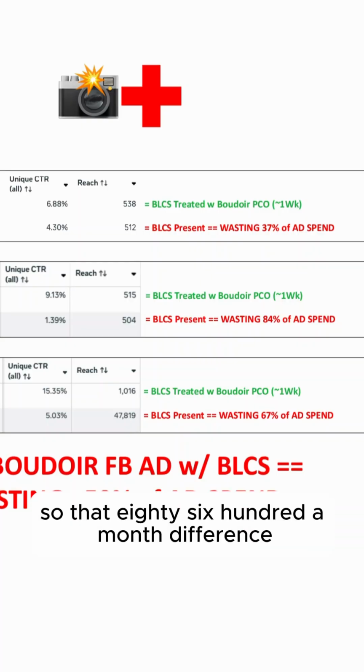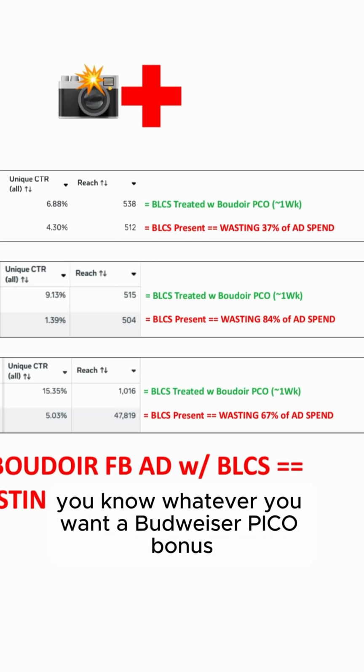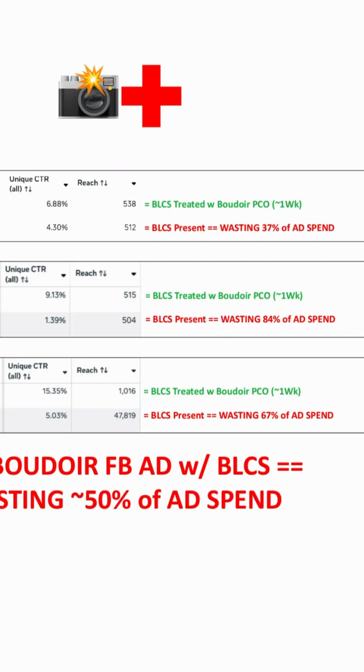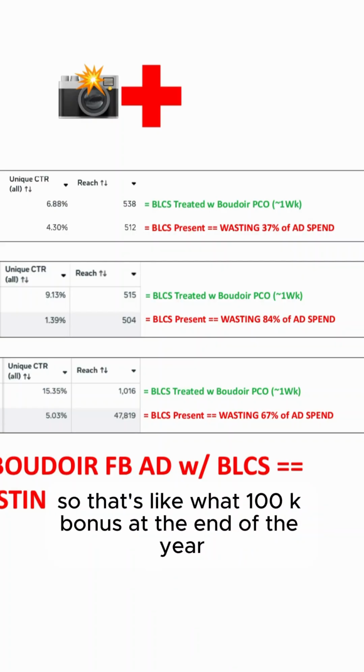So that 8,600 a month difference, they no longer have to spend it. They can just pocket it as kind of a phantom bonus, whatever we want, a boudoir Pico bonus, simply from having their BLCS treated with boudoir Pico. So that's like what, 100K bonus at the end of the year.